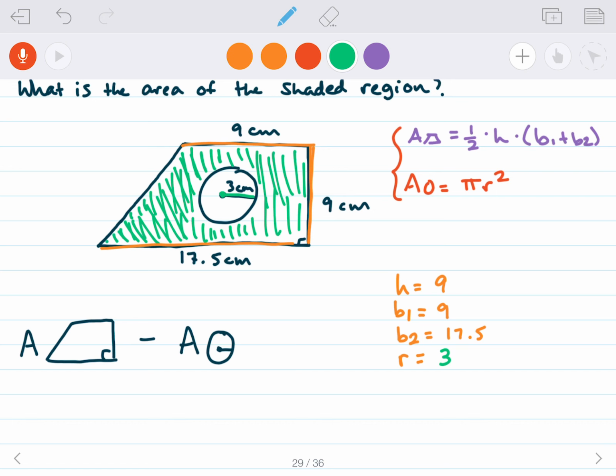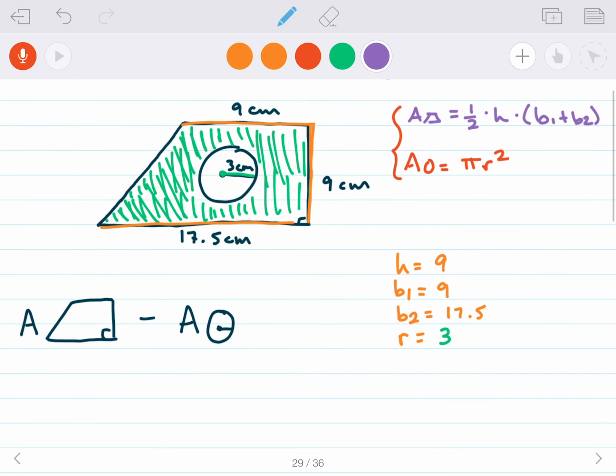All right. So the area of the trapezoid, just following this formula up here and using these values, is going to be a half times 9 for my height times the sum of 9 plus 17.5. And then we're going to take away the area of the circle, right? We're going to take away the area of the circle.